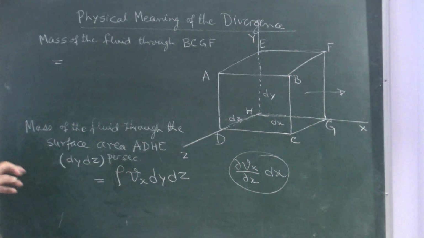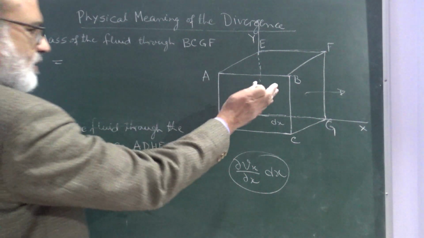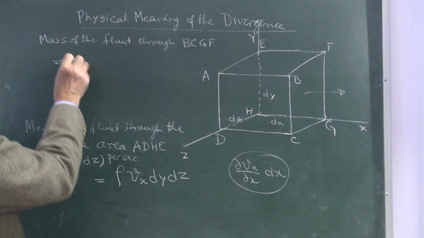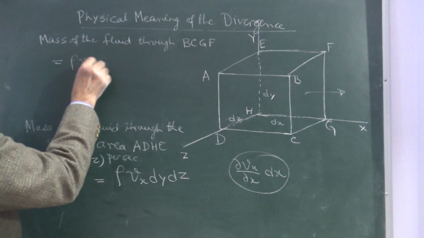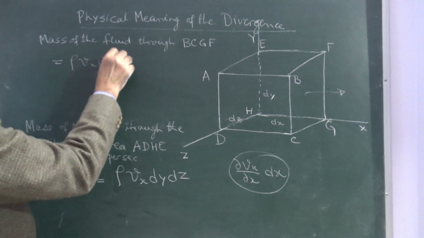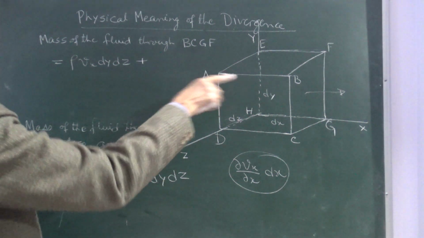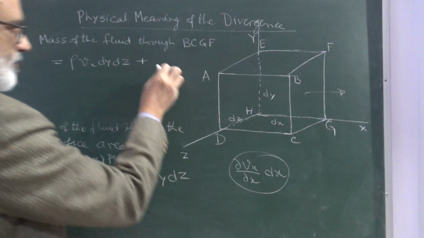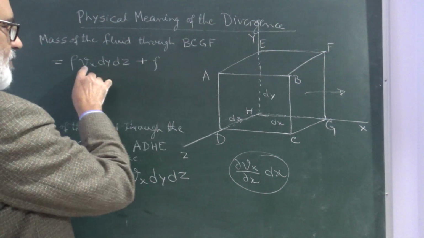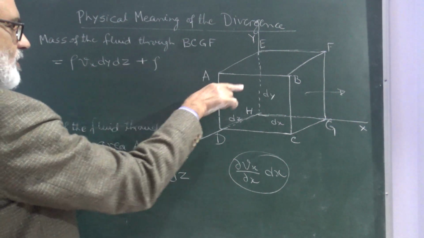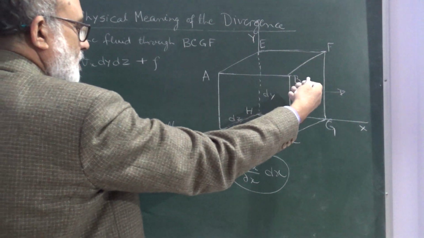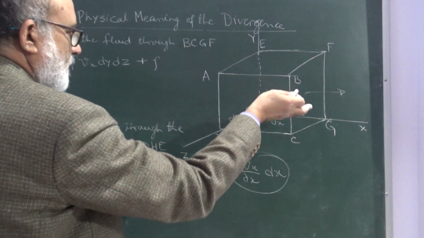So if you write here, the mass that enters here is this much, plus the change in the velocity. So that change: this is the velocity which enters, and the velocity which comes out, the velocity may have changed.